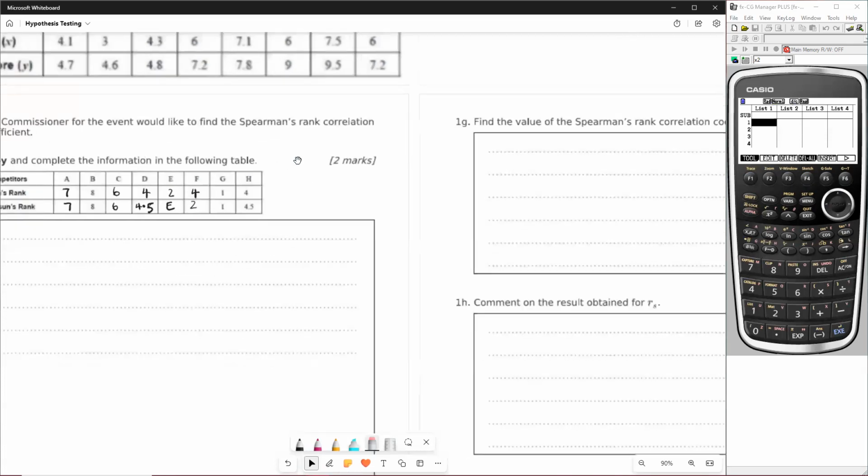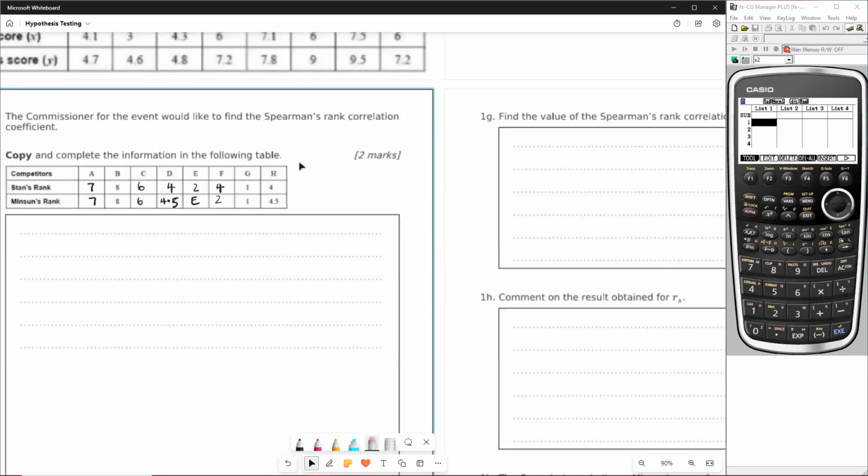Okay, so this time we're going to put the rankings on the list now. So that's going to be 7, 8, 6, 4, 2, 4, 1, 4. And then on the other side, we have 7, 8, 6, 4.5.